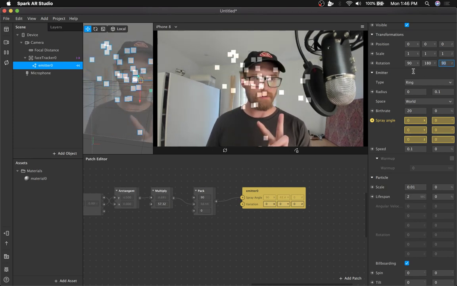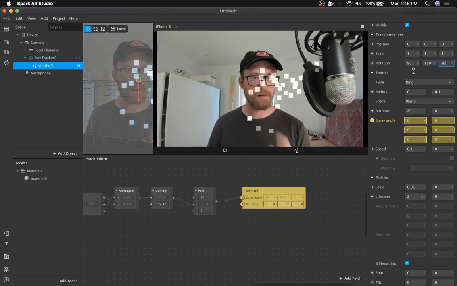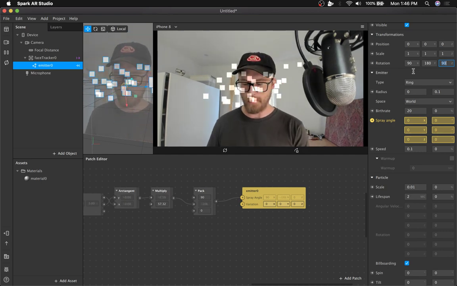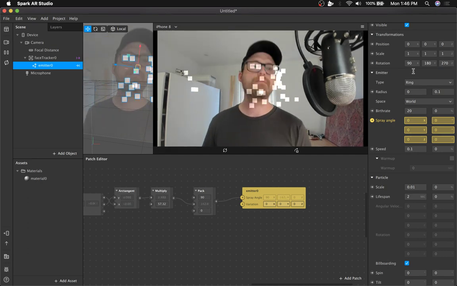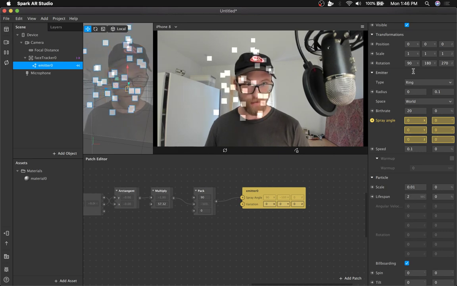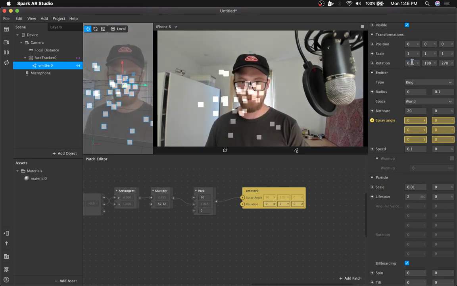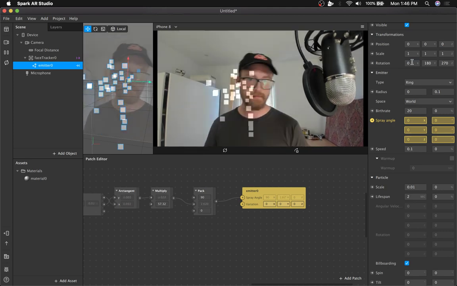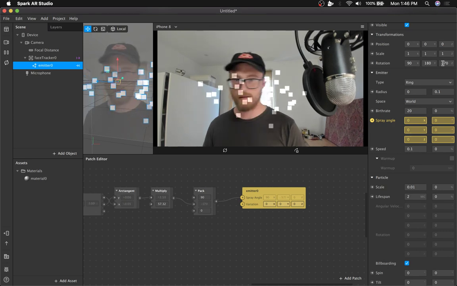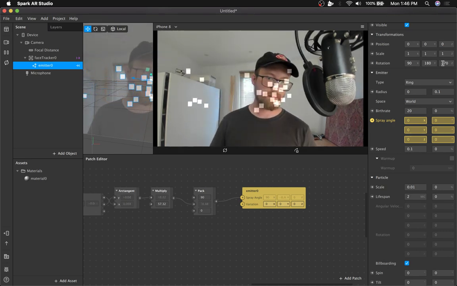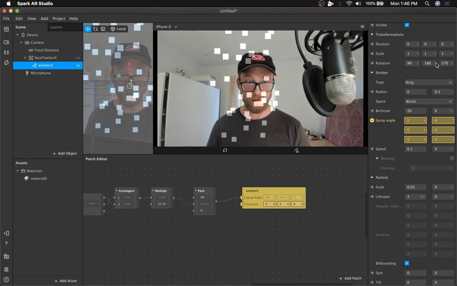So if we need to rotate, that would be on the z-axis because it was rotated. So maybe try 270. And the vertical's wrong now. Okay, that was correct. So left and right are correct, and then verticals are flipped.